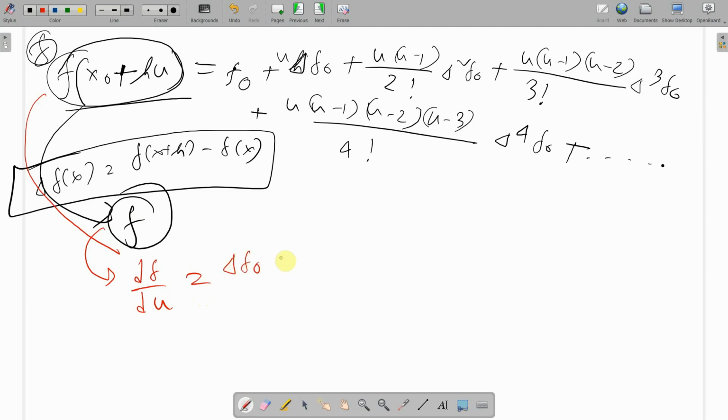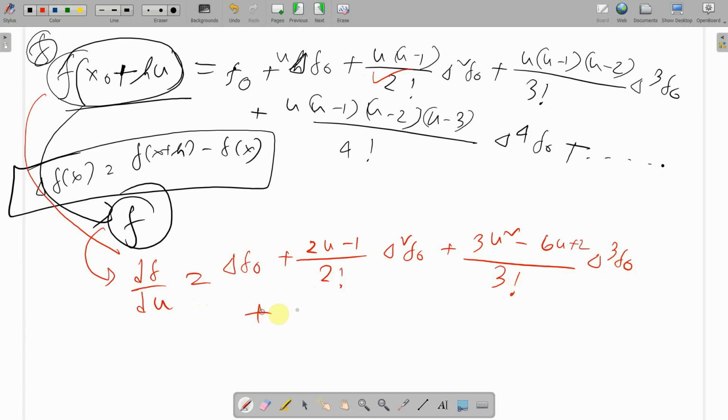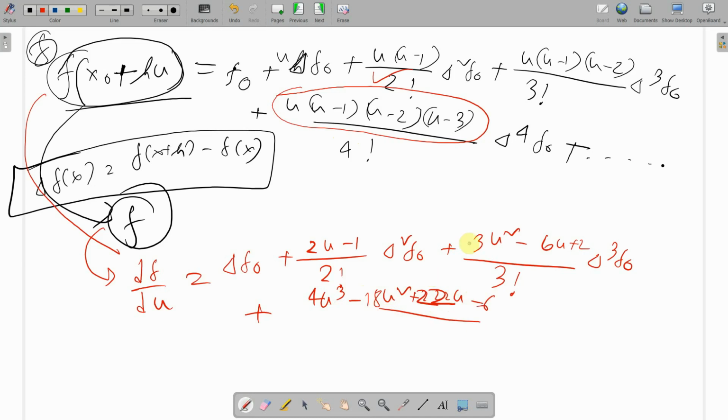That will be delta f0 plus (2u minus 1) by 2 factorial delta square f0 plus (3u square minus 6u plus 2) divided by 3 factorial delta cube f0 plus, taking the derivative of the next term with respect to u, (4u cube minus 18u square plus 22u minus 6) by 4 factorial delta 4 f0. Let me show you. I've written it down.